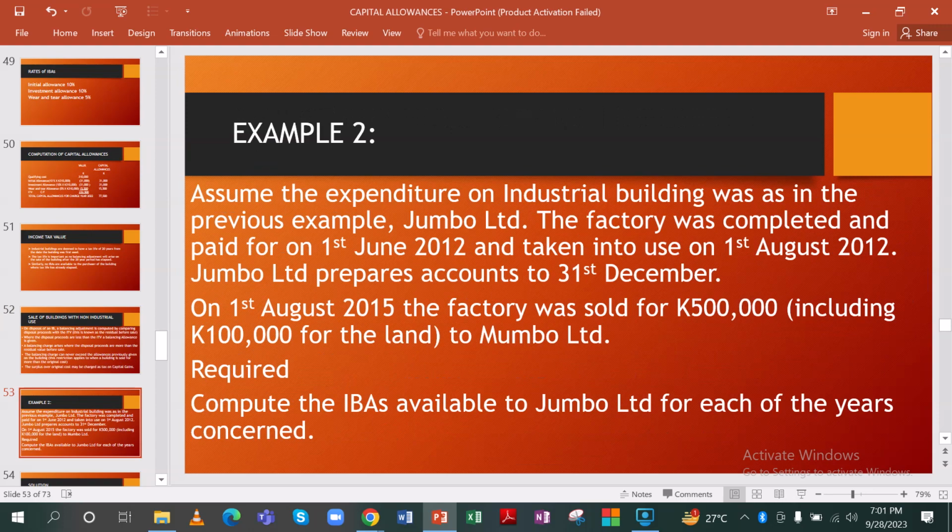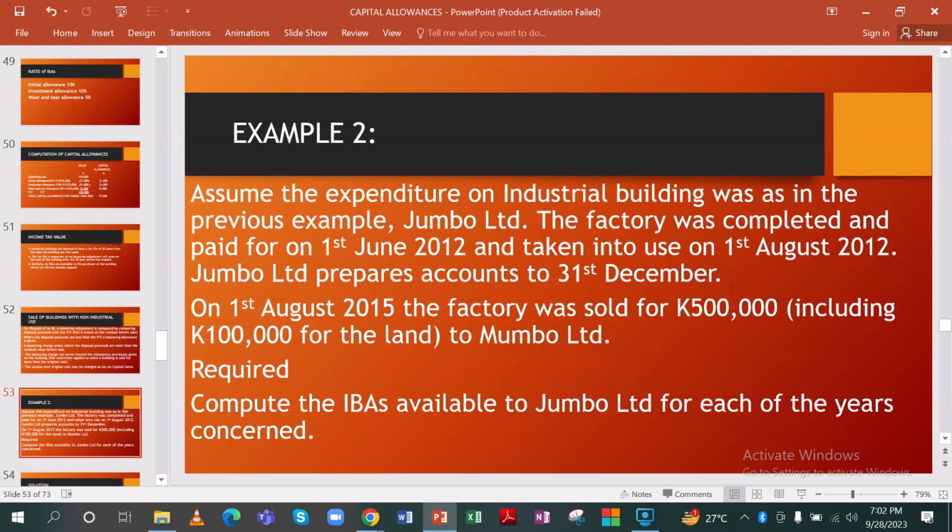Let's look at an example again and see how we can handle this one. Assume the expenditure on the industrial building was as in the previous example, that is Jumbo Limited. The factory was completed and paid for on 1st June 2012 and taken into use on 1st August 2012. Jumbo Limited prepared accounts to 31st December.